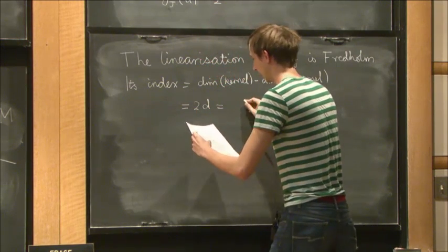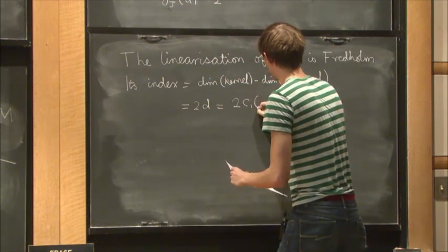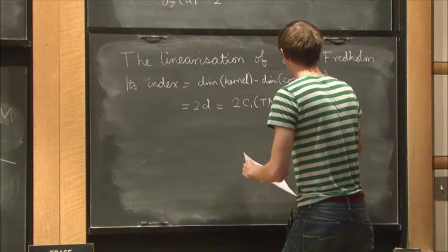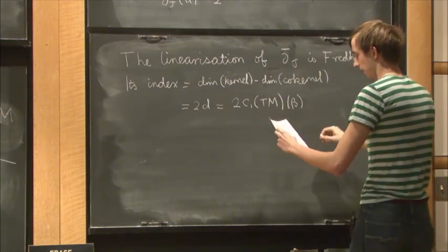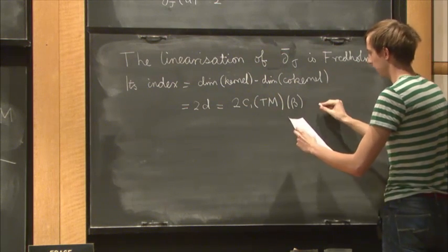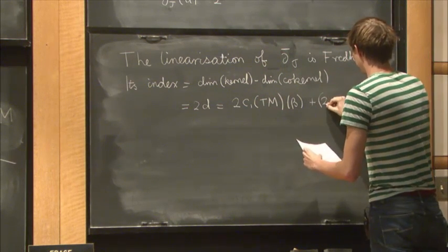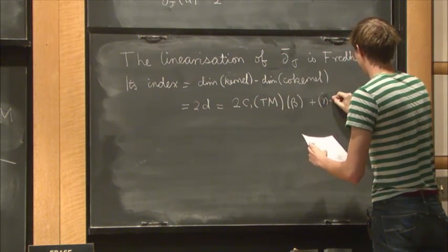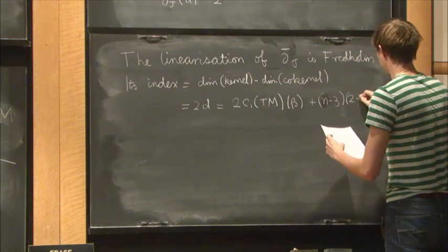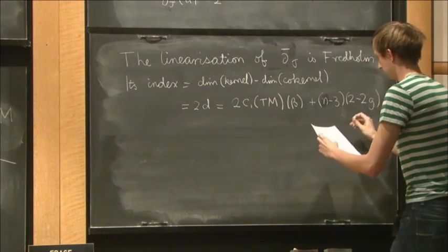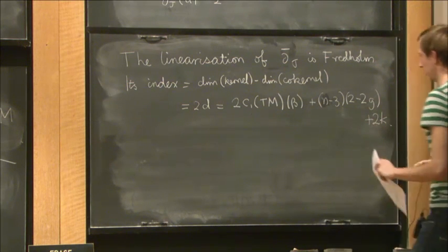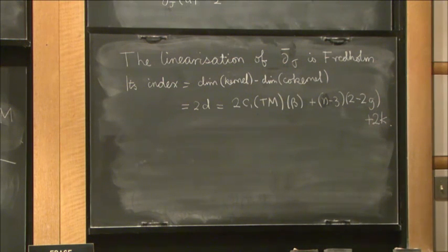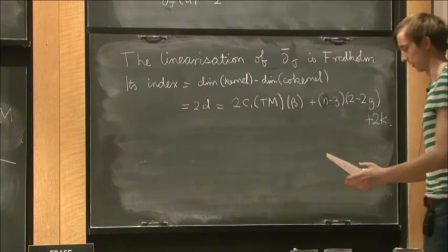So we'll call it 2D, and it's equal to twice the first Chern class of the tangent bundle of M, evaluated on beta, plus these two terms, as it turns out.